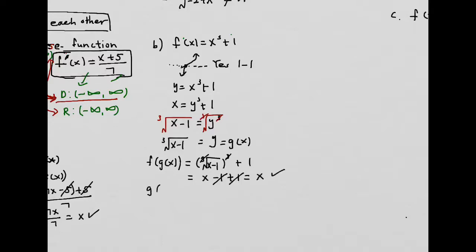Let's check the other way around. We want to make sure f of x this time is the inverse of g of x. So we start with g of x, and wherever you see x, you're going to replace it with f of x.